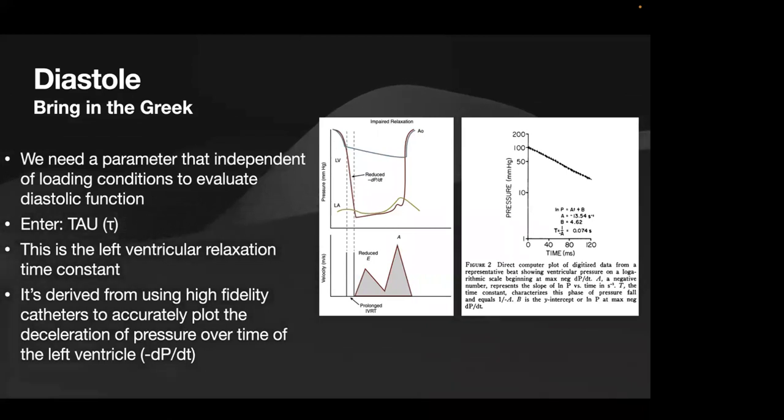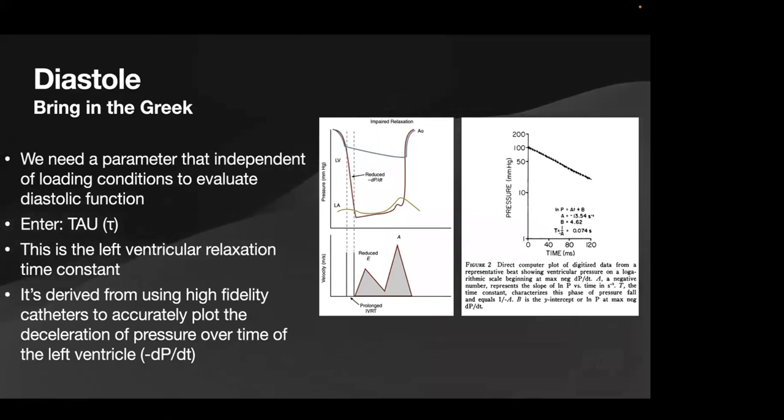And so they've found a way to measure a time that is a linear, albeit exponentially linear, relationship with pressure. Okay, that's key. Because what they really have found is a way to remove all of the confounders of pressure, driving pressure, LA/LV pressures, transmitral gradients, and distill it down into a time constant.